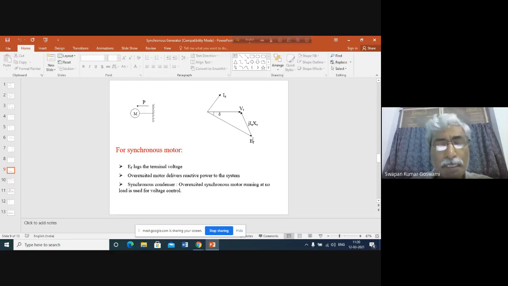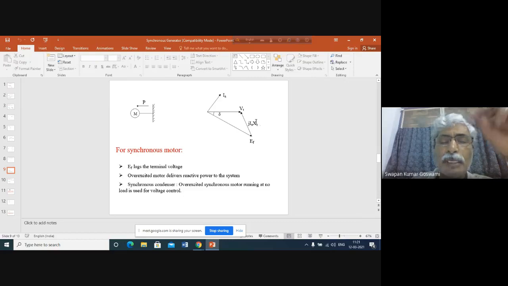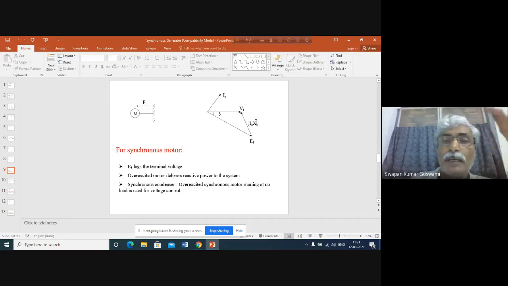EF is the induced voltage. Let us assume that the excitation of the motor is now such that this is the induced EMF, this is the generated voltage. Then this phasor will be jIA XS, the drop in the armature reaction and the reactance of the motor, that is the synchronous reactance.